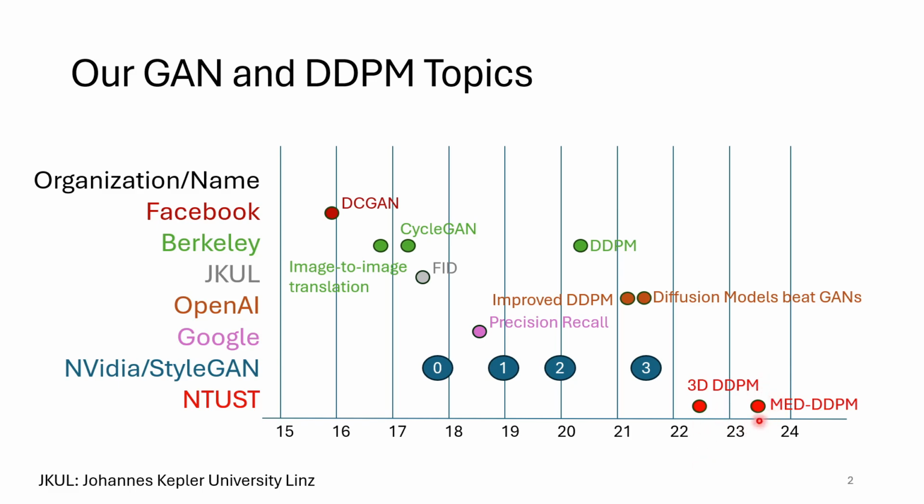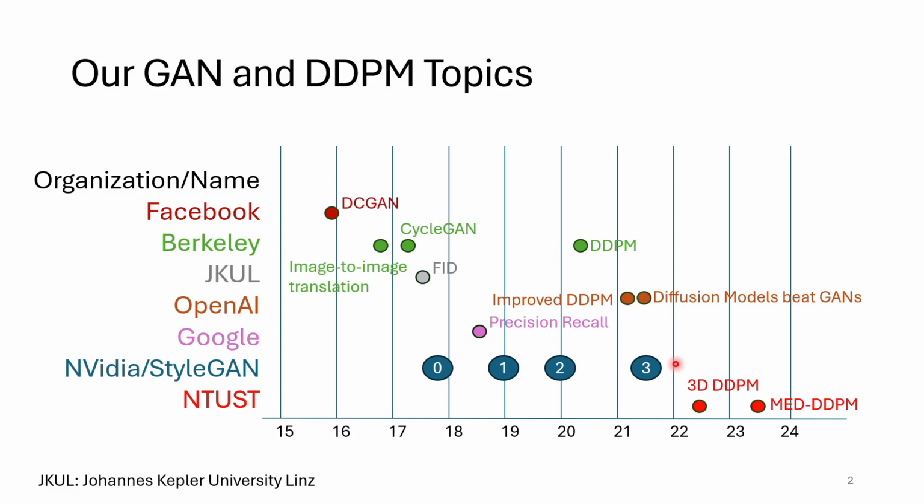If we want to know the technical details about MedGAN, we need to start from here. For example, the same authors published the 3D DDPM 2 years ago, and where does the 3D DDPM come from? It comes from the improved DDPM, and where does the improved DDPM come from? It comes from DDPM. So this is the approach.